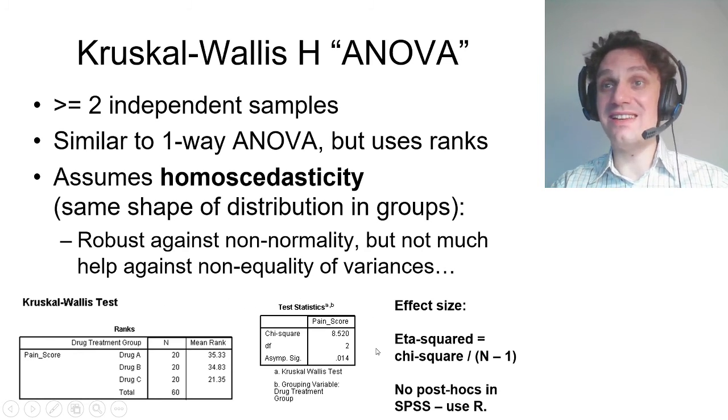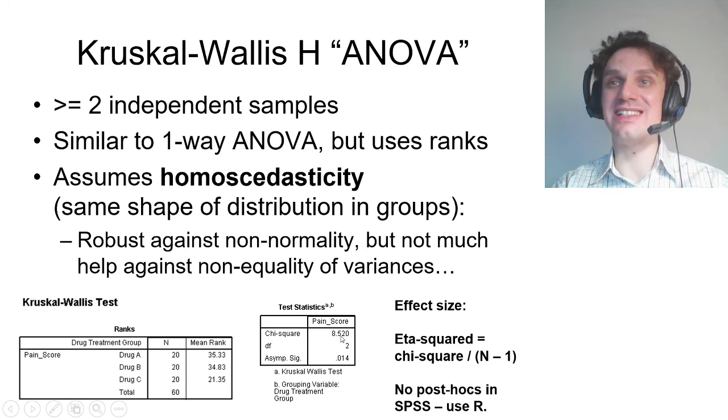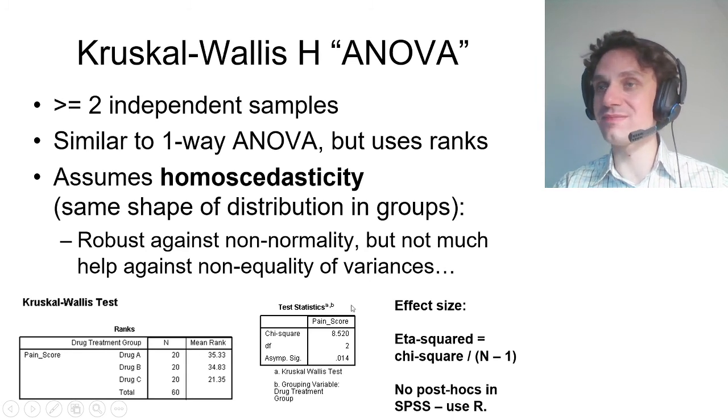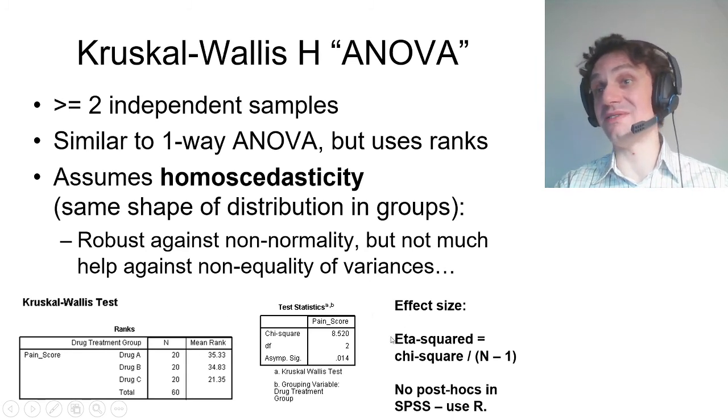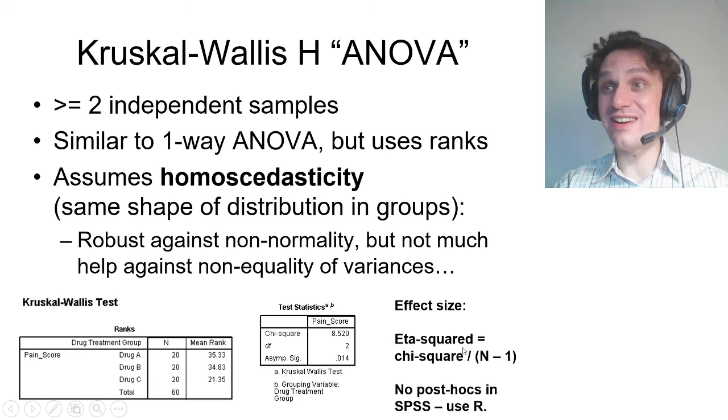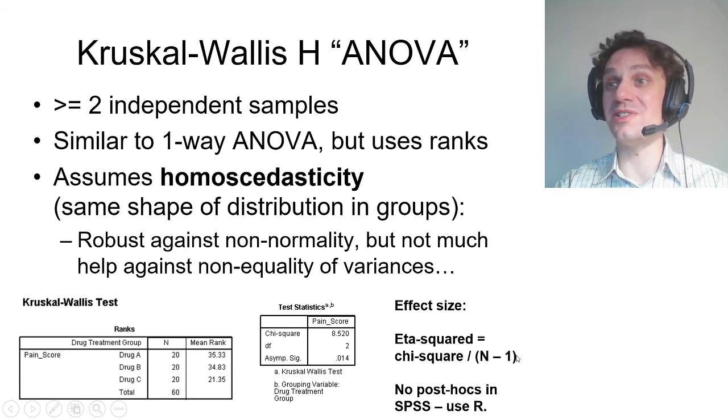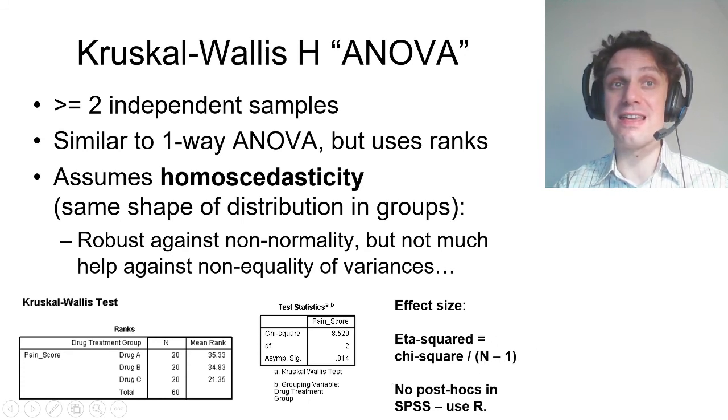And the results that it gives you here are pretty much the same. You get a chi-square statistic, and you get a significance level, which can tell you whether the ranks in those groups are different, not just by chance alone. And you can calculate an effect size, an eta squared estimate, just by dividing your chi-square by the total number of observations minus 1.